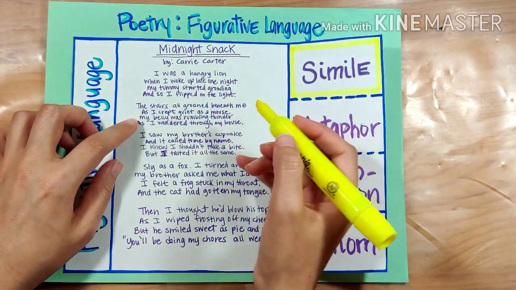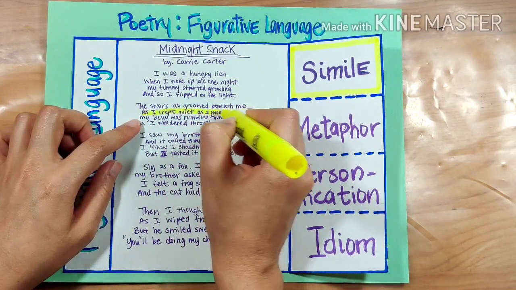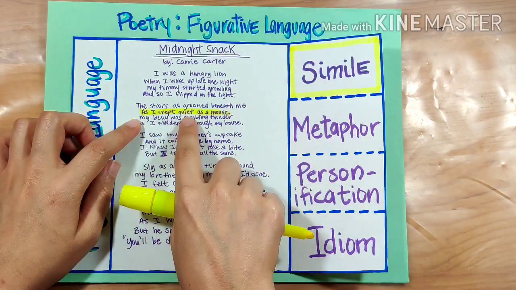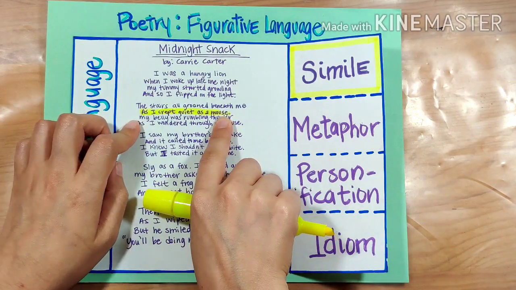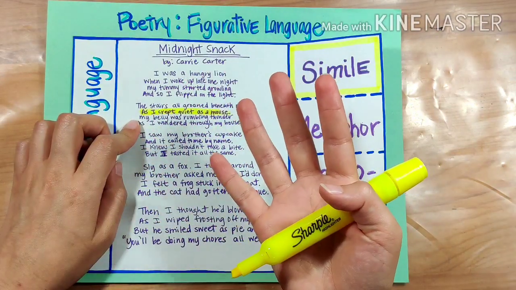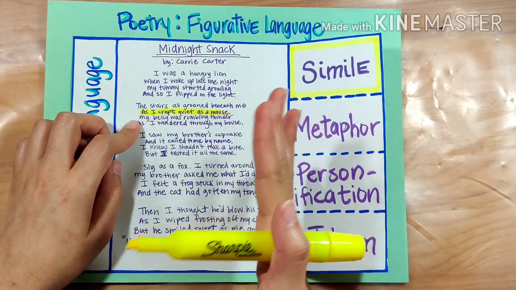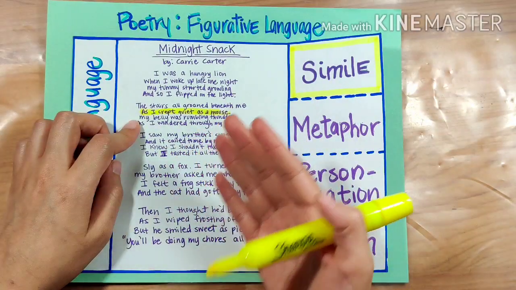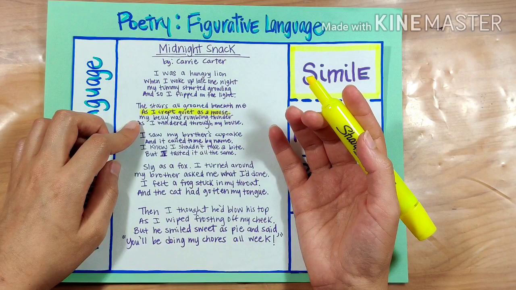Okay, so it looks like we have one right here. I'm going to highlight it for you, which says, "As I crept quiet as a mouse." Okay, here in this area, I am basically comparing the way I am creeping to how a mouse creeps. Technically, I'm probably not ever going to be as quiet as a mouse because I am bigger and the mouse is smaller. So the mouse can move without making any noise.